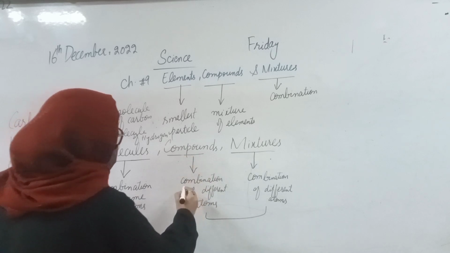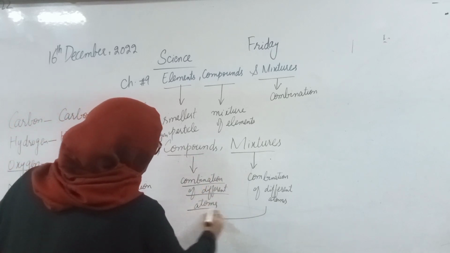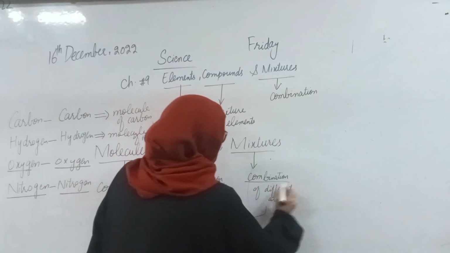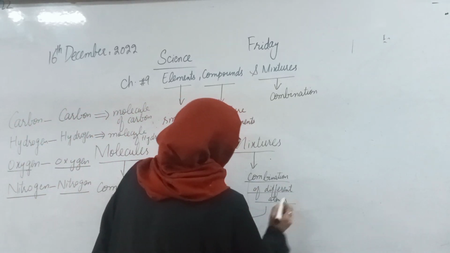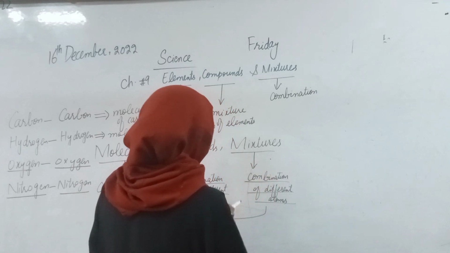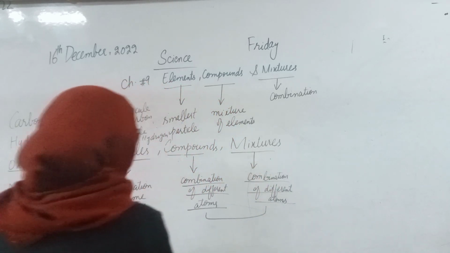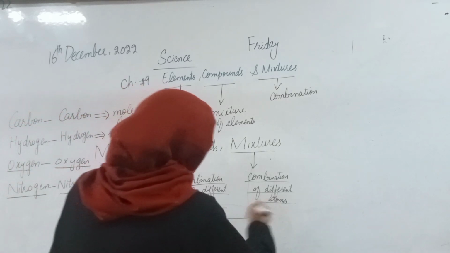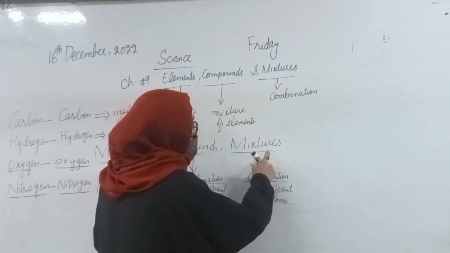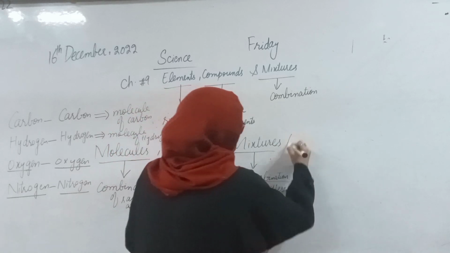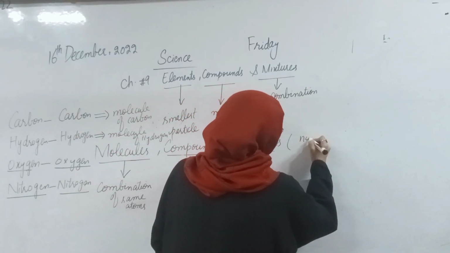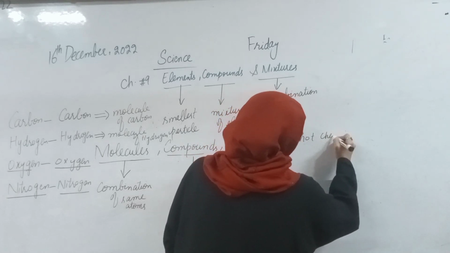Compounds are the combination of different atoms. Similarly, mixtures are the combination of different atoms. But there is one thing that is not common in compounds and mixtures. In mixtures, things are mixed but not chemically combined. Okay? In mixtures, things or atoms are not chemically combined.